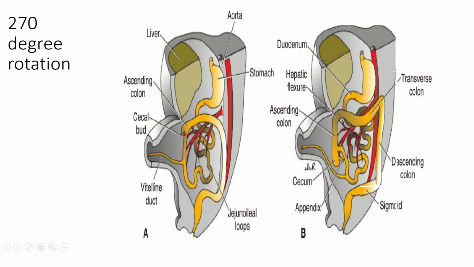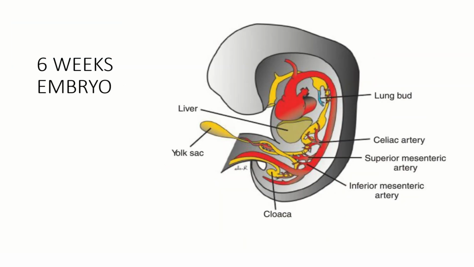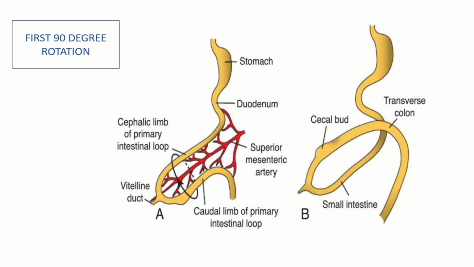Okay, so now what has made the intestinal loops undergo physiological herniation? So what are the factors? First thing, rapid growth of size of the liver and also rapid elongation of the midgut. These are the two factors which are causing the physiological herniation of the midgut loop.